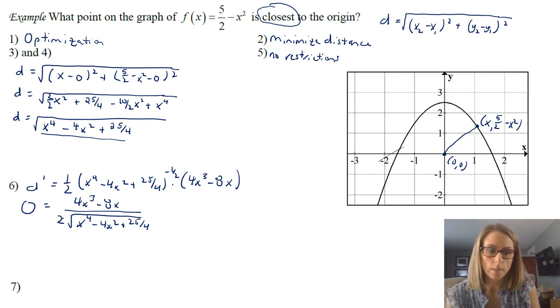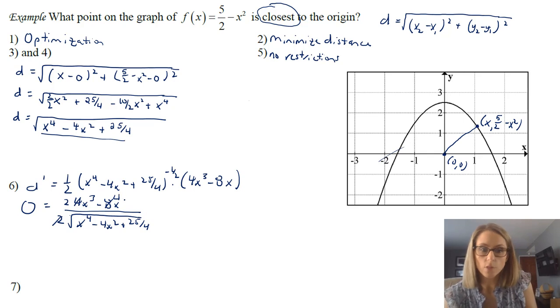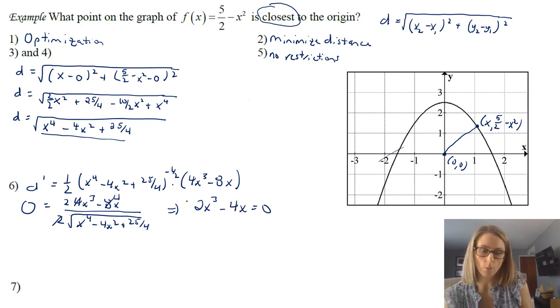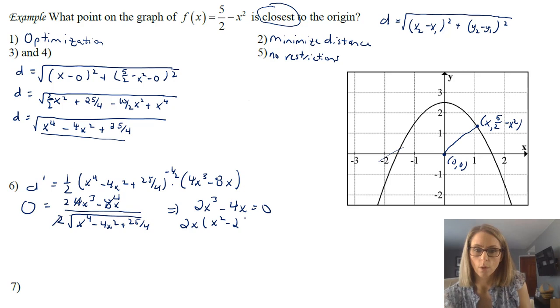Now, if you say, oh, but I can simplify this 2 with this 4, that's fine. And then, of course, it has to happen over here too, that 4. That's no problem. If you want to make your life easier, why not? So you'll have 2x cubed minus 4x, and you want to know when that's going to be equal to 0. So if we factor out a 2x, we have x squared minus 2.